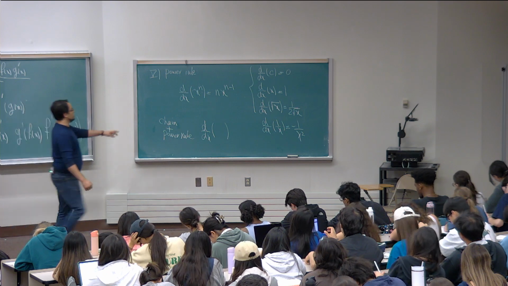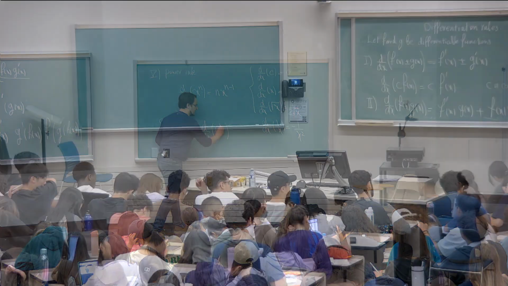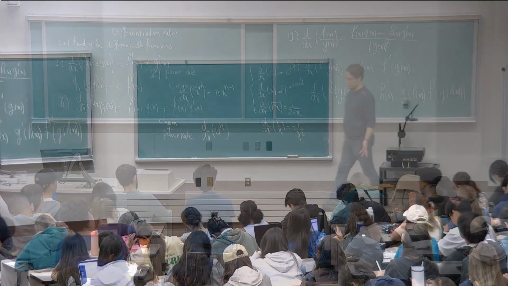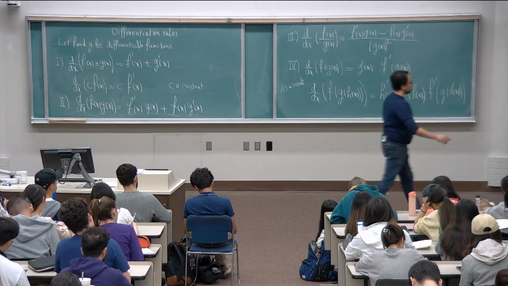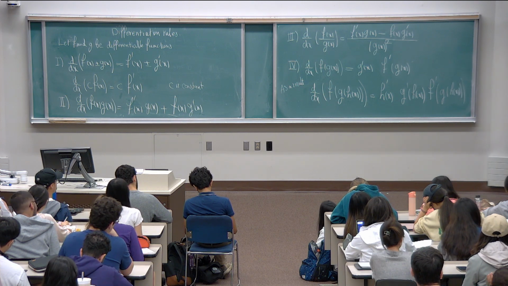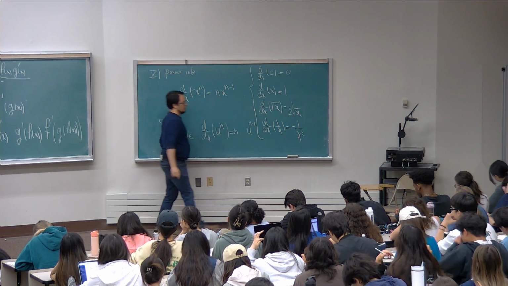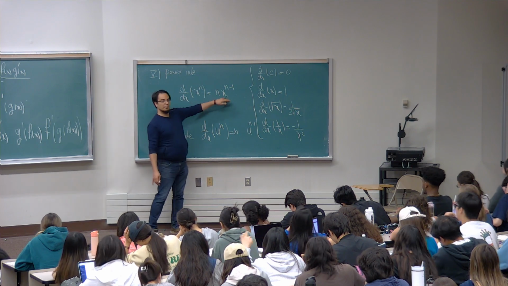That thing could be x itself, or that could be in general a function of x. We write it as u. U to the power n, the derivative is n u to the power n minus 1. So far, it's like the power rule.